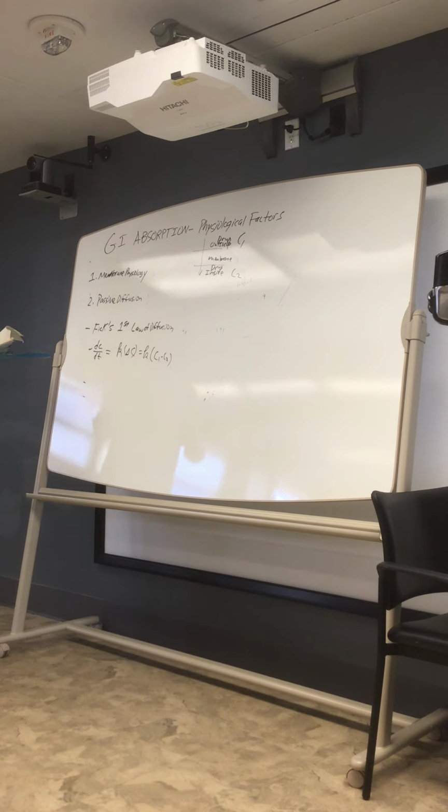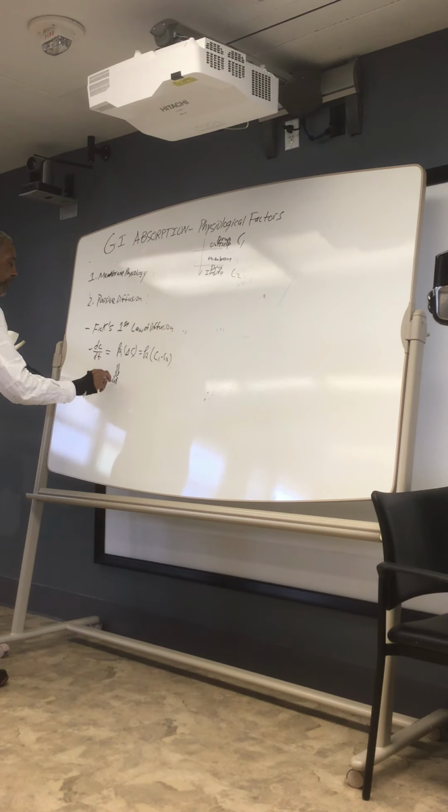This K is a so-called proportionality constant, and we had that Noyes-Whitney equation. In this case, the K incorporates a diffusion coefficient.